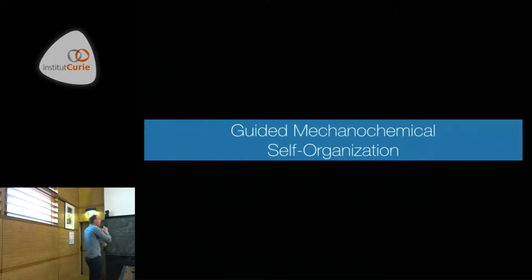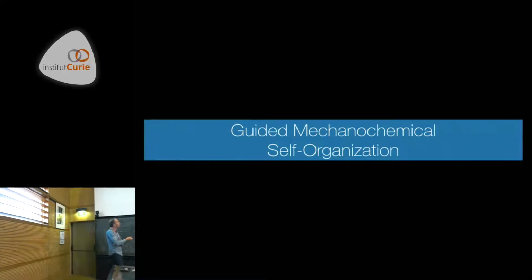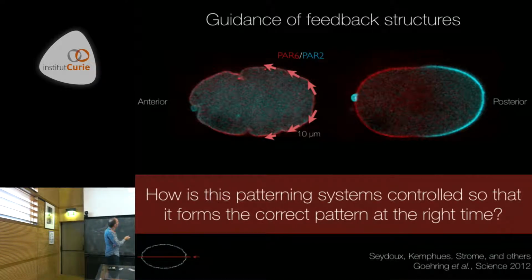So we've been thinking about this in the framework of these combined feedback structures, patterning systems that combine mechanics and chemistry. What we've been investigating in the past couple of years is really how to guide these systems of mechanochemical self-organization. Okay. So how is this patterning system controlled?